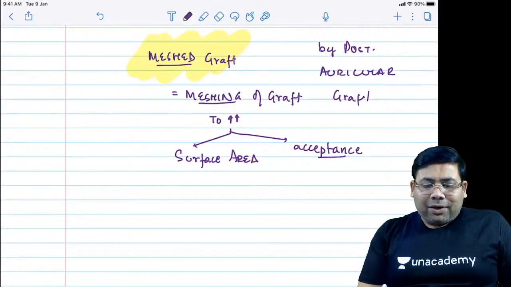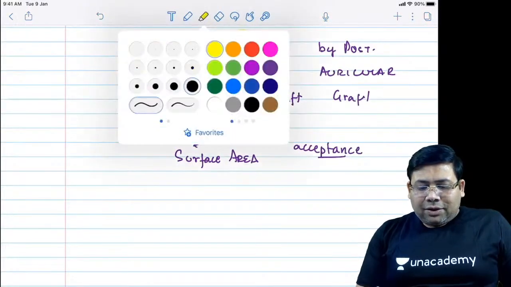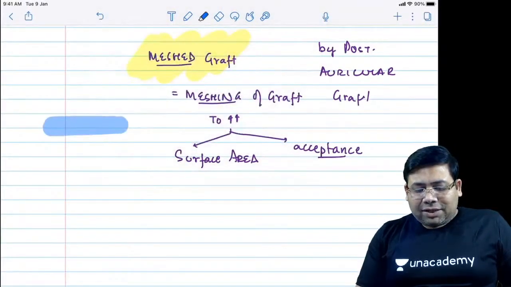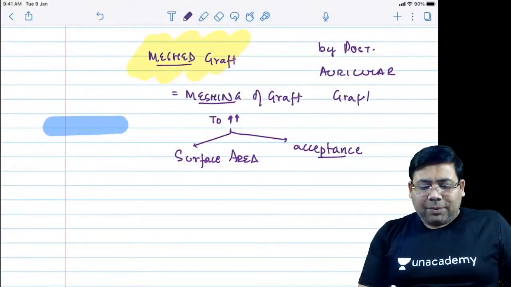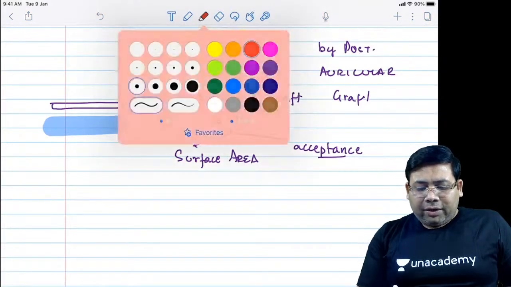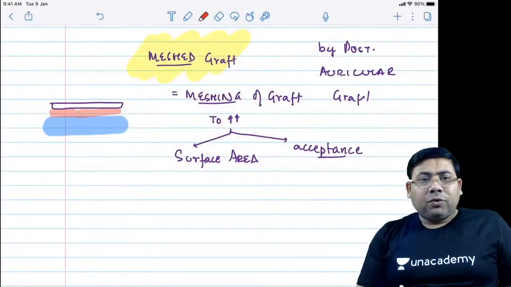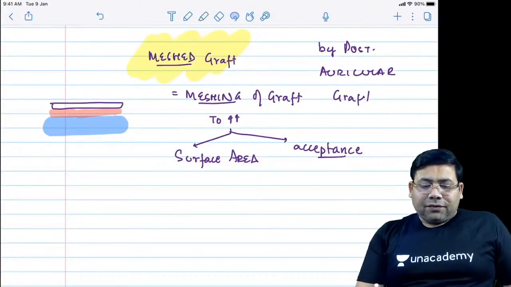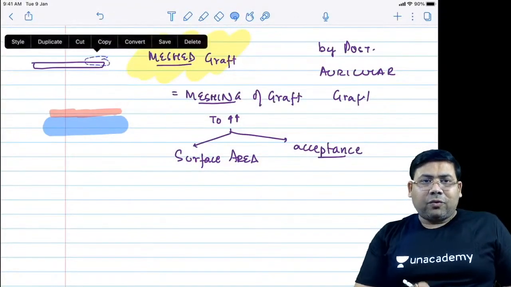How do you increase the acceptance? Look, what is the reason behind graft rejection? If this is the recipient bed and this is the graft, in between them hematoma used to accommodate, and that is why the graft got necrosed and rejected.